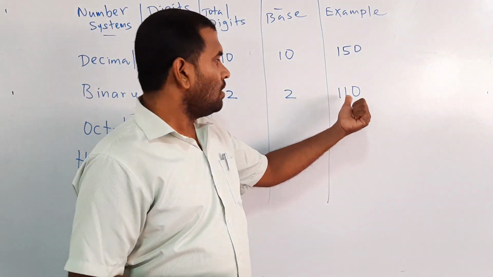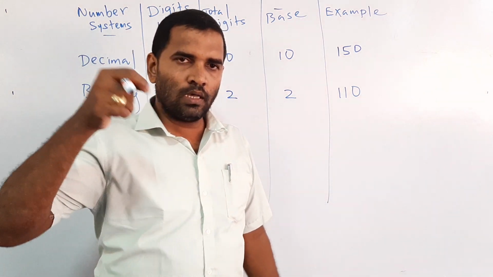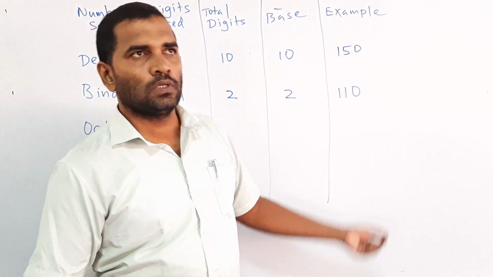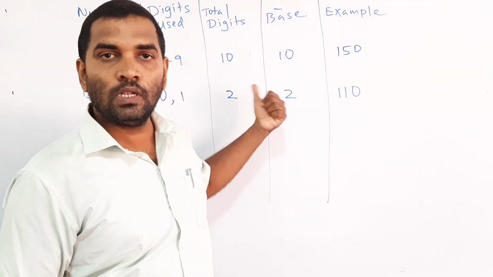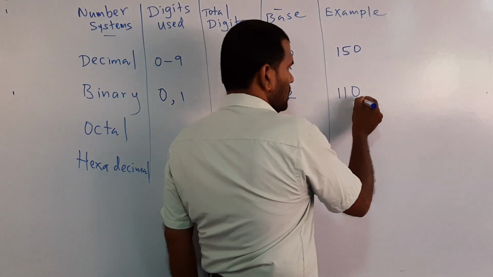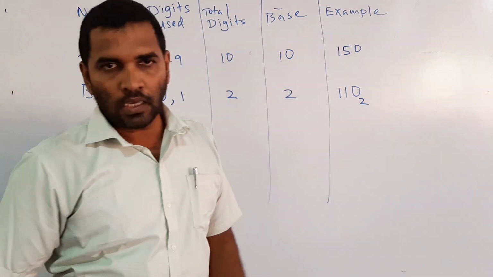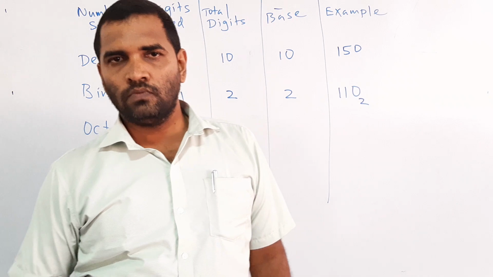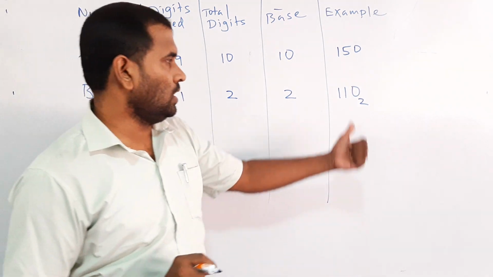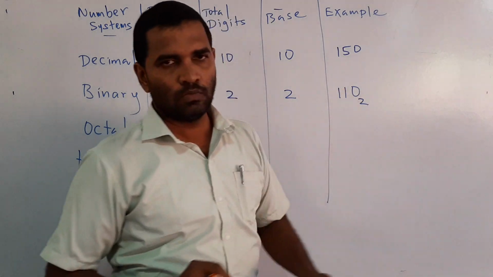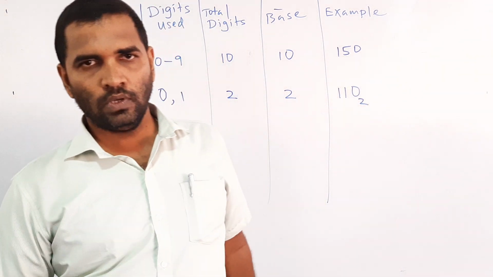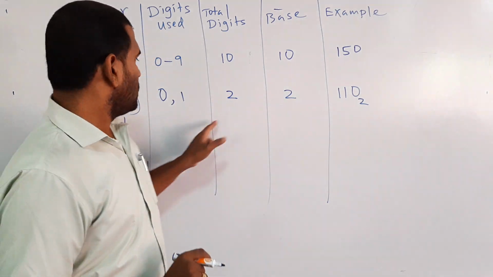But look here, I have written this as binary, but forgot to put the base. Definitely this is wrong. This will be treated as decimal. So if you want this as binary, put the base. Again, the word TWO is also possible. You can write the base in words or in number, 110 base 2. Hope you understood the importance of base for every number system, right?